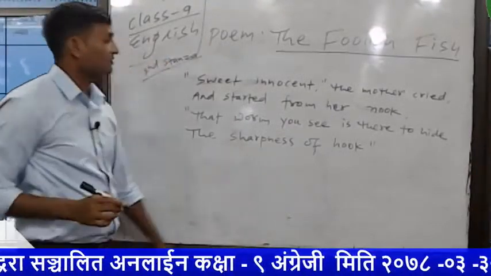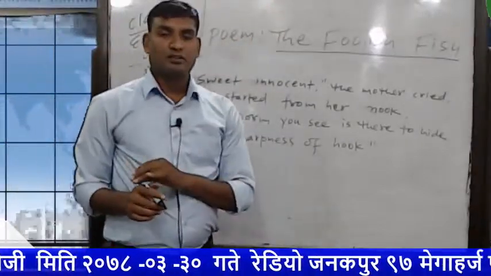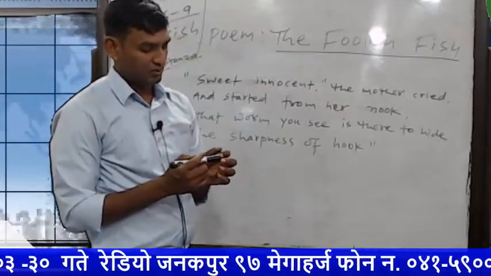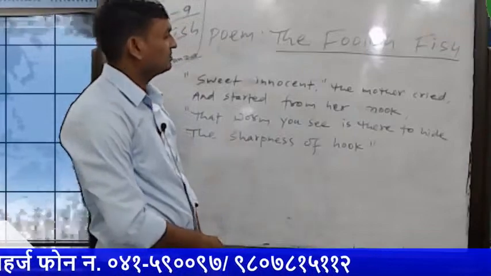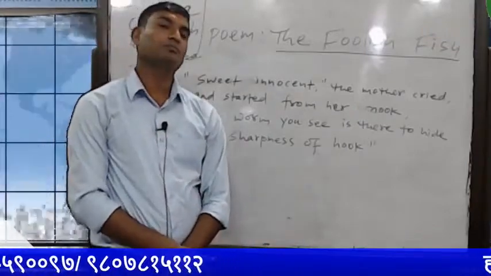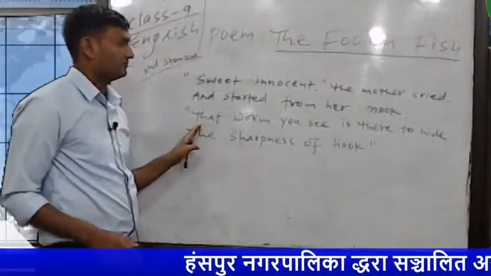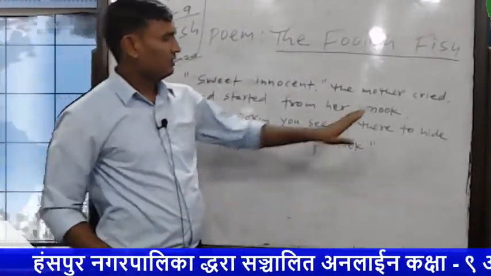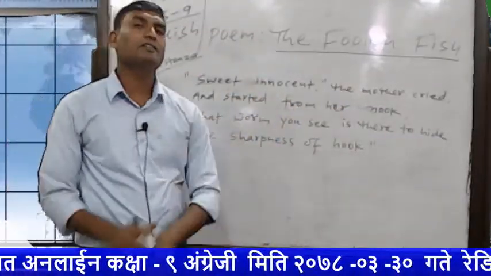Okay, dear students, first stanza, the little fish said to her mother, please mom, I am very hungry. I am seeing one of the worm. Please give me the worm. I want to eat. Then the second verse, mother cried, dear innocent.